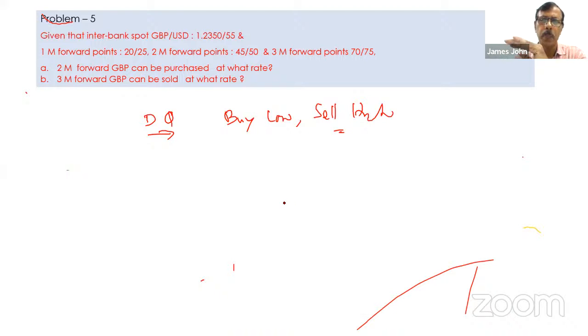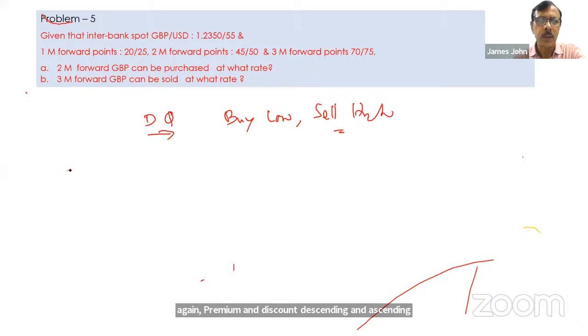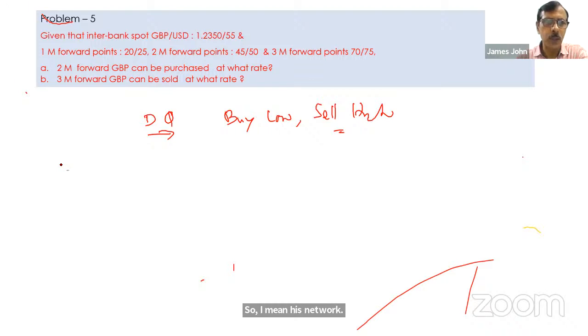One more question. Can you explain again the premium and discount, descending and ascending? See, how are you getting discount and how are you taking the buying points? The forward points 20-25 means the first is the buying points and the second is the selling points.